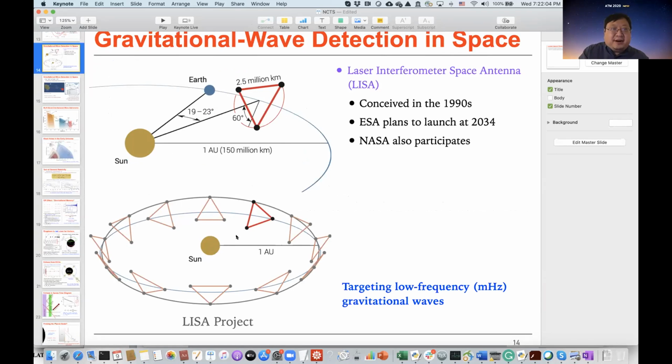I think this is understood as a very stable orbit because, as it turns out, the three spacecraft are each following a heliocentric orbit tilted in such a way that it appears they have this triangular formation around the sun. So if you only have the sun, with no Earth and no other planets, this triangular orbit configuration, which is tilted 60 degrees away from the plane of the orbit, is the stable configuration.